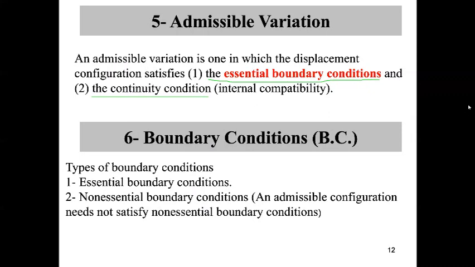The essential boundary conditions are simply the support geometric conditions. There are two types of boundary conditions. 1. Essential boundary conditions. 2. Non-essential boundary conditions. An admissible configuration need not satisfy non-essential boundary conditions.